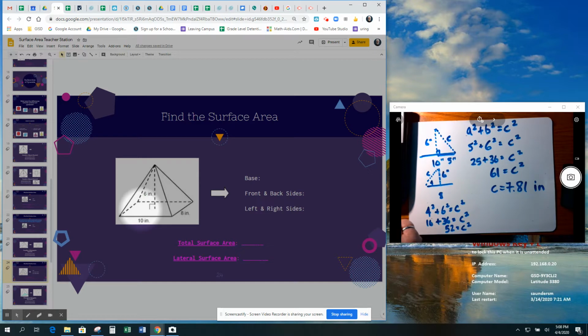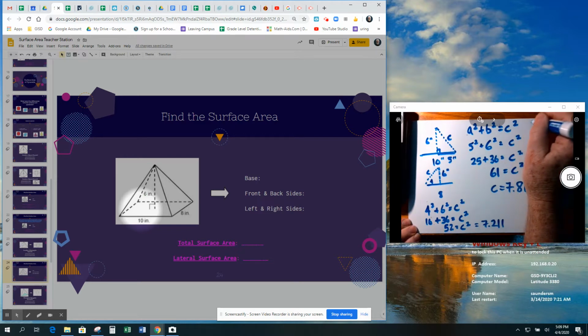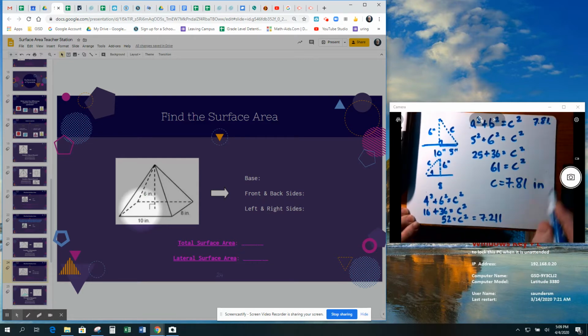And so our other slant height is the square root of 52, equals 7.211. Okay, so they're not the same. So our slant heights for our sides are going to be different. Let's write that down: 7.81 and 7.211. And I'll erase the rest.